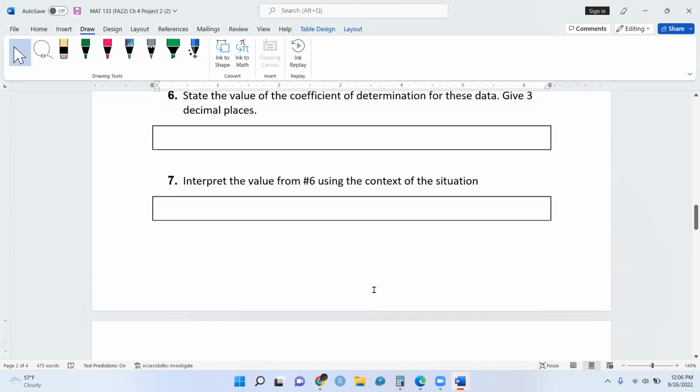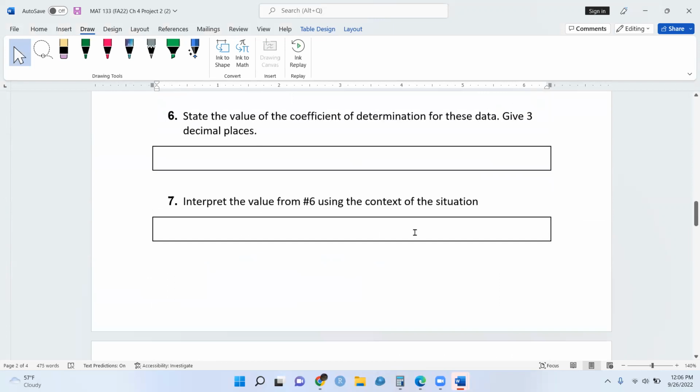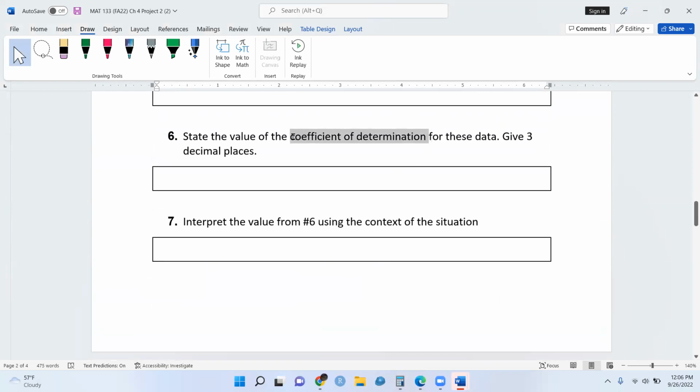Okay, we'll do this on the worksheet too. Does everyone know what the coefficient of determination is? Don't tell me the number from our problem, but tell me the symbol for it.